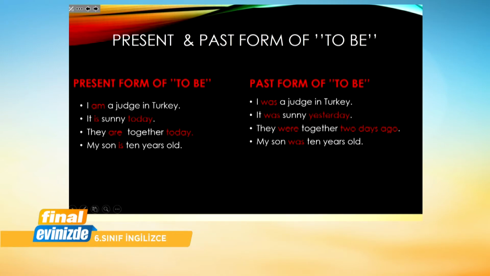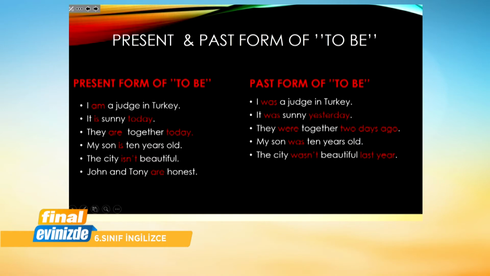My son was 10 years old. The city isn't beautiful. The city wasn't beautiful last year. John and Tony are honest. John and Tony were honest. This means John and Tony aren't honest anymore. All right, now let's go ahead.